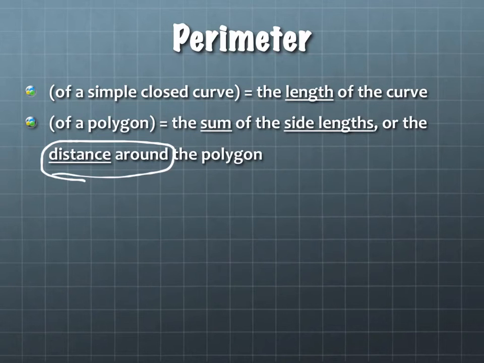It works for any shape. Even if a shape has a circular part, it's not actually a polygon, but it'll still work because you still have a distance around a circle. We often call that circumference, but it's just a perimeter. It's just the distance around.